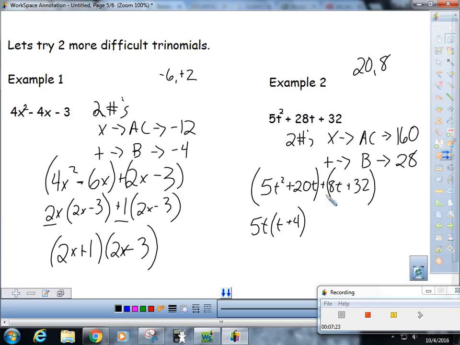We can factor out an 8 there, plus 8 times t plus 4. If you do it right, these will always match up. So now we know that our answer is 5t plus 8 times t plus 4.